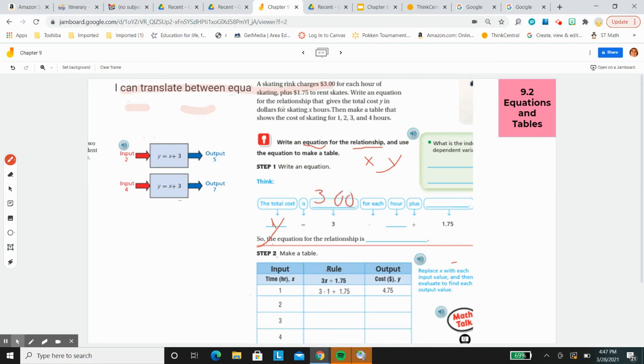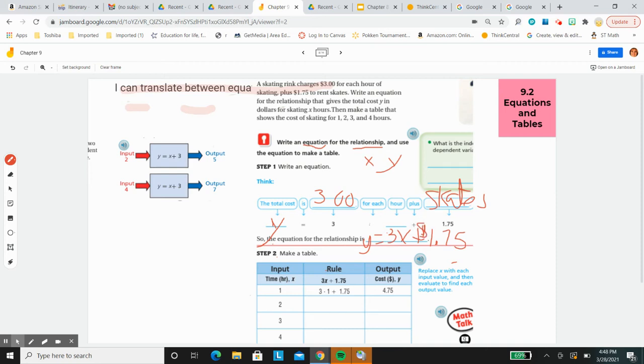We talked about that. $3 for each means to multiply. Per hour, this is going to be x. Instead of an h, let's put an x here. Plus the cost of the skates. So my equation is going to be y is equal to 3x plus $1.75.